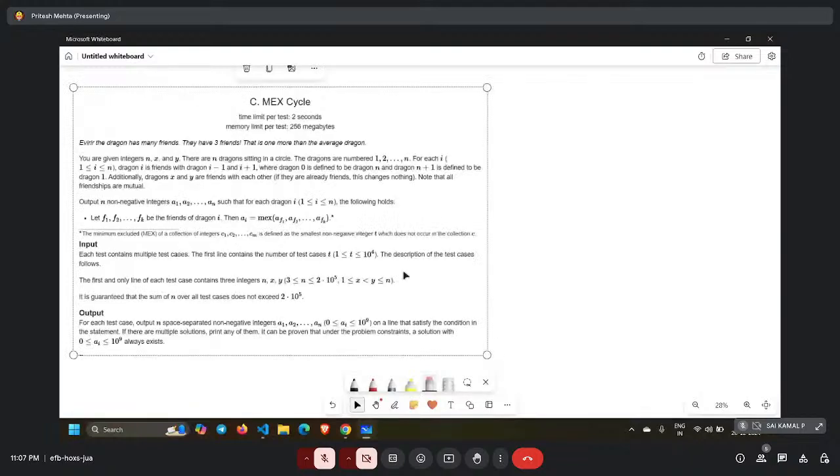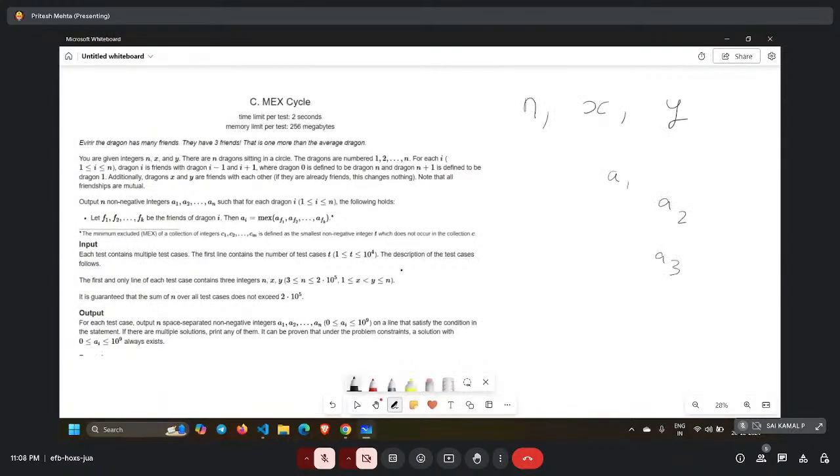That you are given three integers n, x and y, and you have to construct an array a from 1 to n such that if x is friend with y, then the mex of all the friends is equal to that same value.